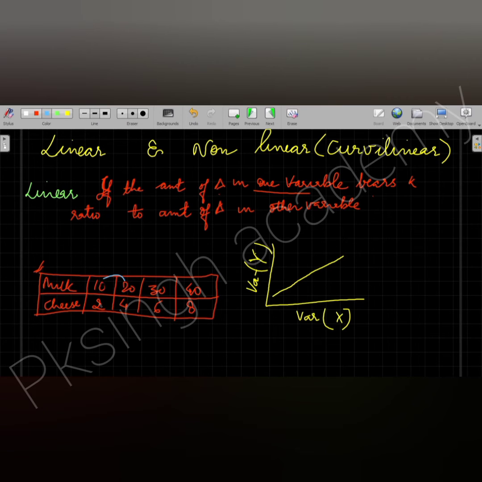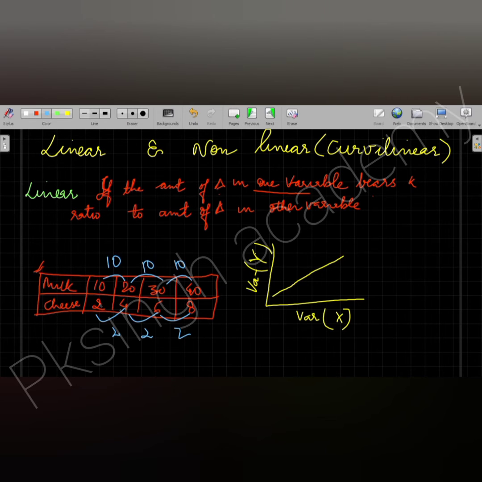What is the difference between 10 and 20? 10. 20 and 30, 10. 30 and 40, 10. In the same way, here the difference is 2, the difference is 2. So the ratio of difference between them is constant. So this is a linear correlation, and the graph will show an upward direction. Clear?